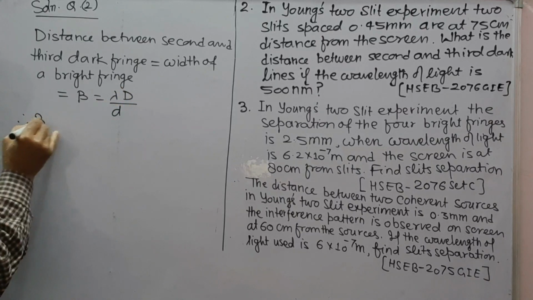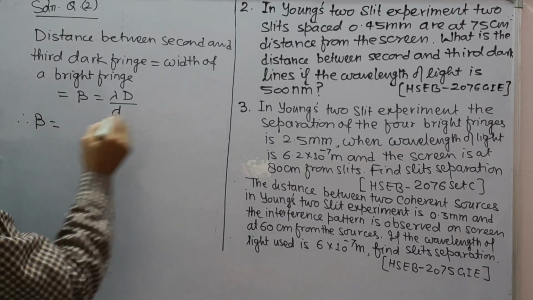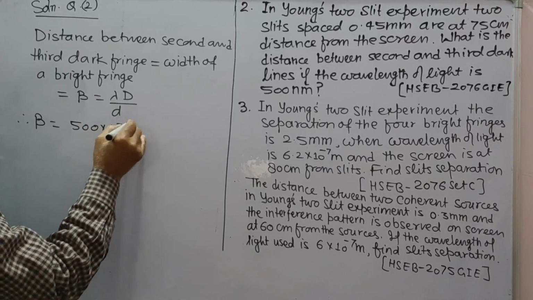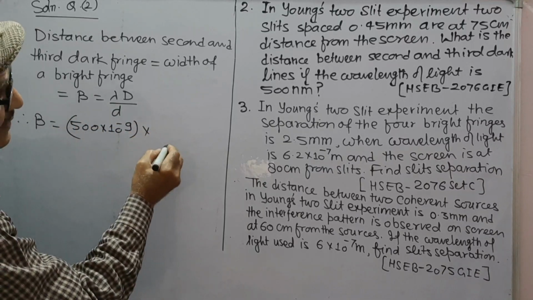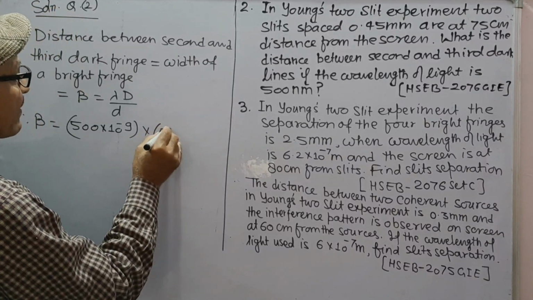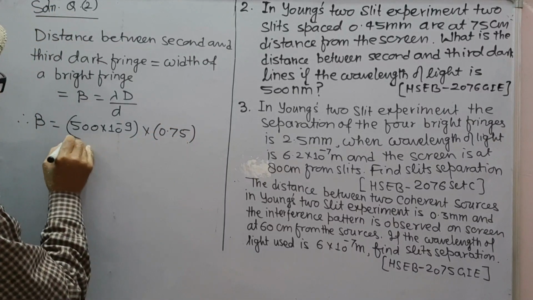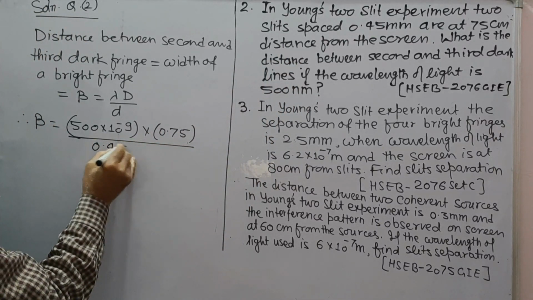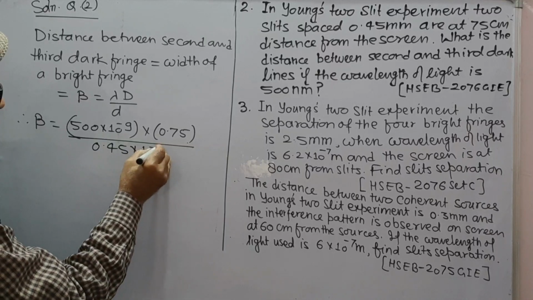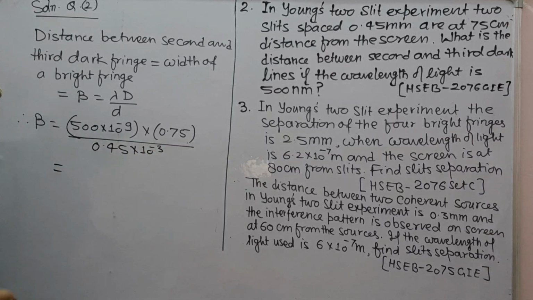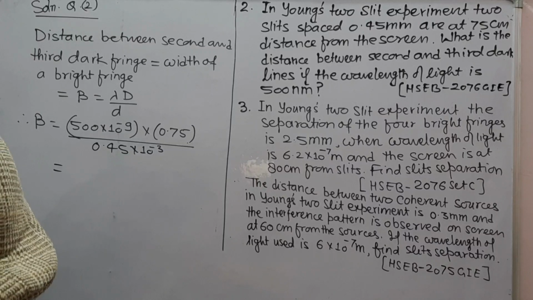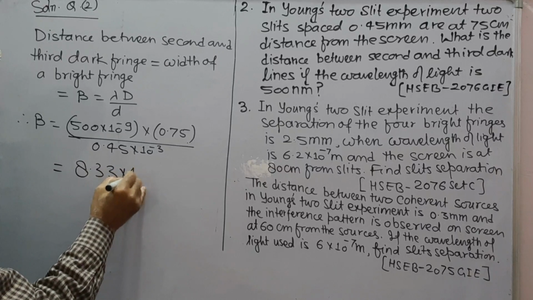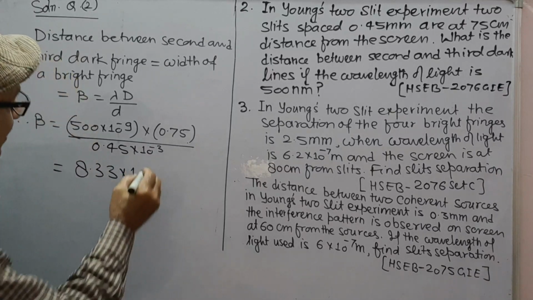Therefore beta will be equal to, lambda is 500 nm, 500 into 10 to minus 9 meter, D is 75 cm, 0.75 meter, and small d is 0.45 millimeter, 0.45 into 10 to minus 3 meter. So we get beta is 8.33 into 10 to minus 4 meter.